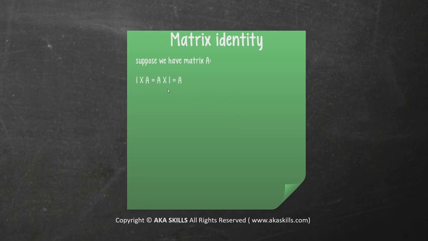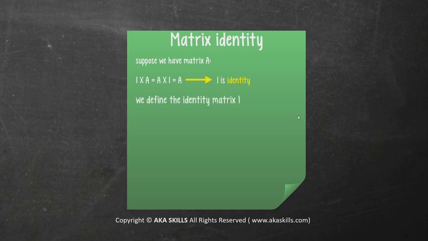Here, 1 by A equals A by 1 and equals A. You may say, oh, but 1 is a scalar, it's not a matrix. Okay, there are some special matrices called identity matrices. In this situation, 1 is the identity.